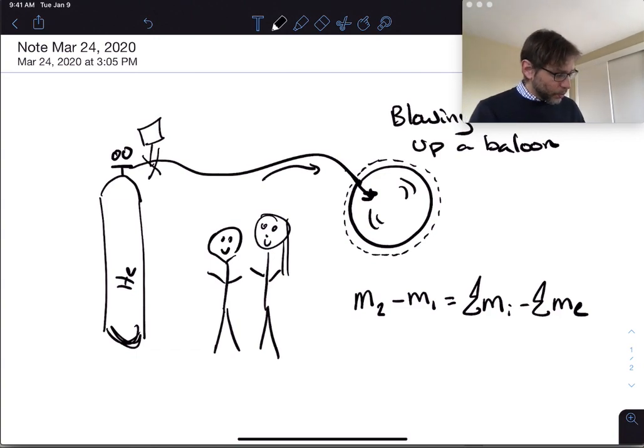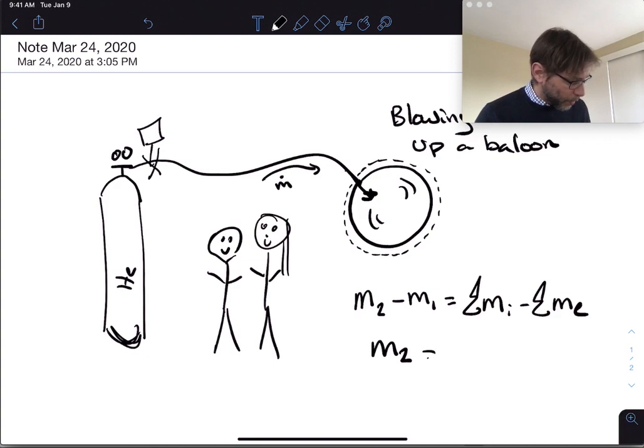In this case, there's only one thing coming in, so there's just some overall mass coming in. Assume that m1 is 0 for the balloon. Then m2, the mass of the helium that we put into the balloon, is equal to the mass we put in, because this guy goes to 0, and we'll assume the balloon is empty.